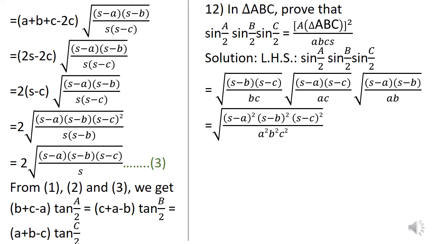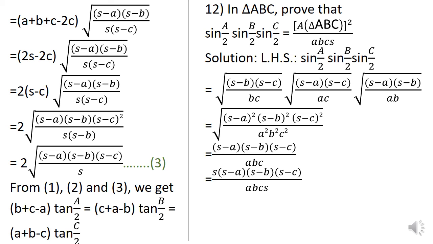So in the root we get (s minus a) square, (s minus b) square and (s minus c) square upon a square, b square, c square. Then we remove all the terms from the root. Thus we get (s minus a)(s minus b)(s minus c) upon abc. We multiply and divide by s. The numerator and denominator are multiplied by s.